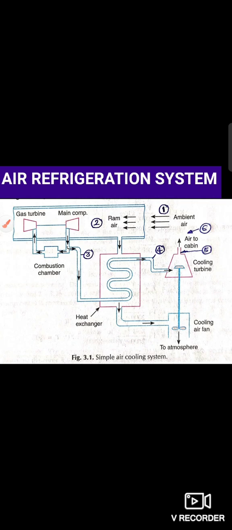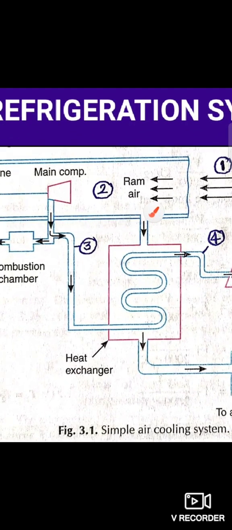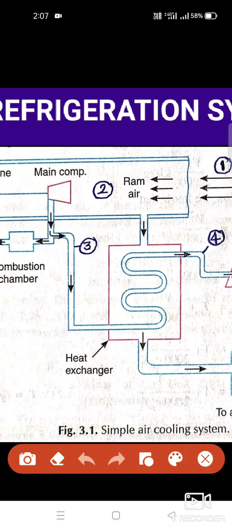Now let us consider the aircraft engine first. So as you can see, this is an engine part, and the air from outside, that is from point number 1.